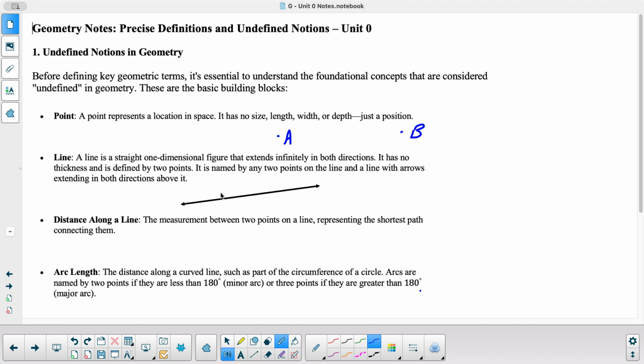And in order to name it, you need 2 points on the line. So if this is point A and this is point B, we would call this line AB, and we put an arrow right above it.